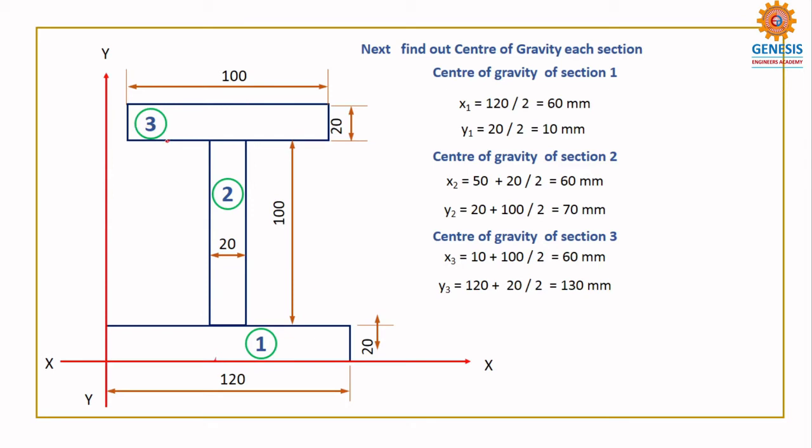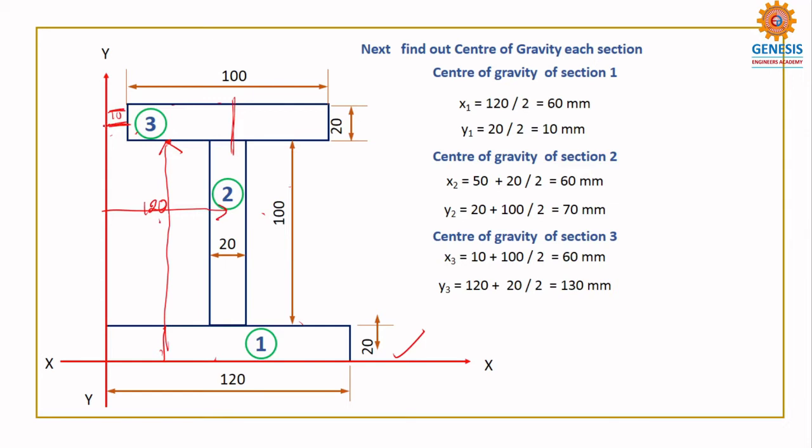This section starts from this. This is 20 and this is 100, so this section starts from 100 plus 20, which is 120 from the x-axis, and this comes to 10. You calculate: it is 50 and from this it is 60, so it is 10. That is what I have to take.